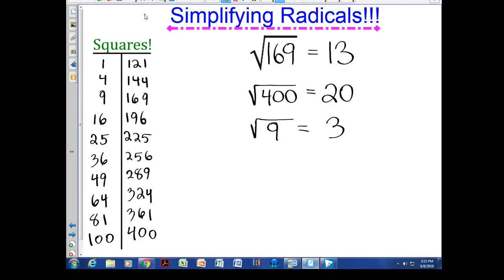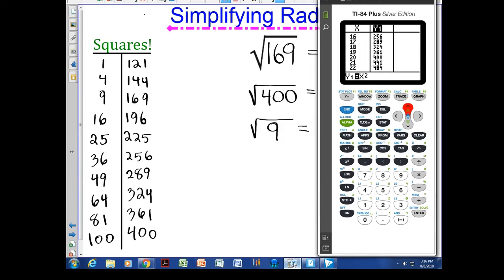So, in summary, the square root of any square number is equal to a rational number, and that is very simple to do, because if you put any of those into your calculator, second x squared button opens up a square root, and you put any perfect square number in, you're going to hit enter and get a nice, clean, rational number.